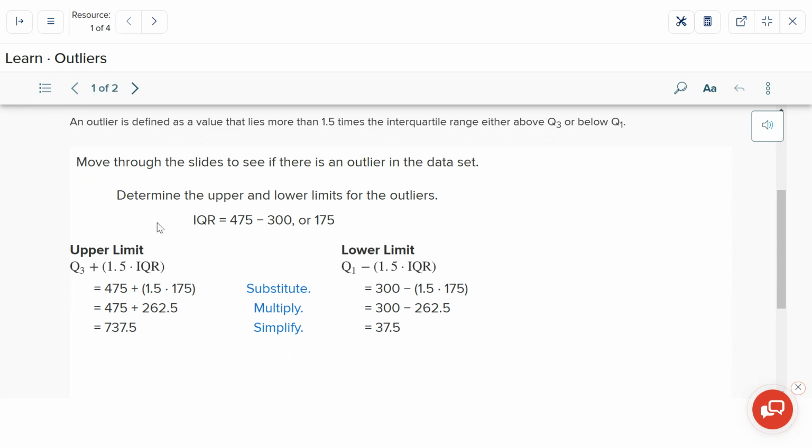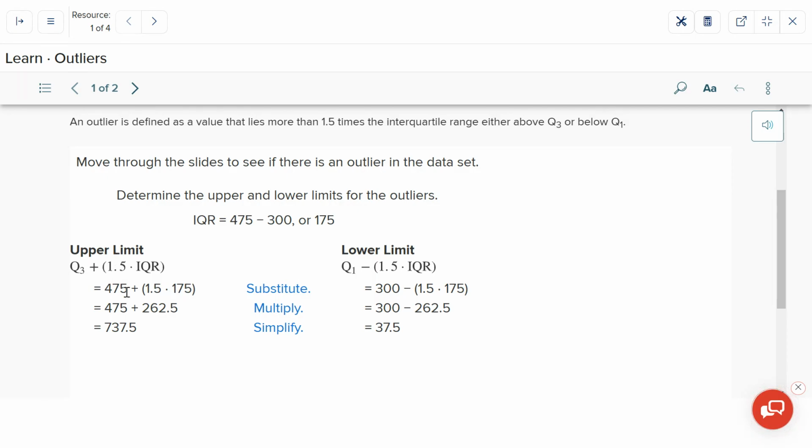So remember, our upper limit to determine if it's an outlier or not is Q3 plus 1.5 times the IQR. Our IQR in this case is 175 and our Q3 was 475. So we're going to put this into our little equation here.